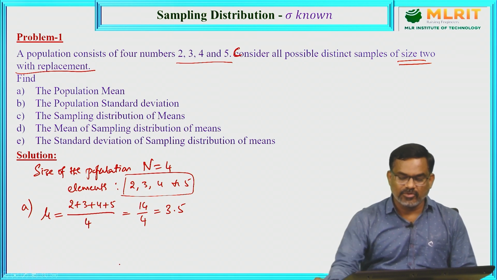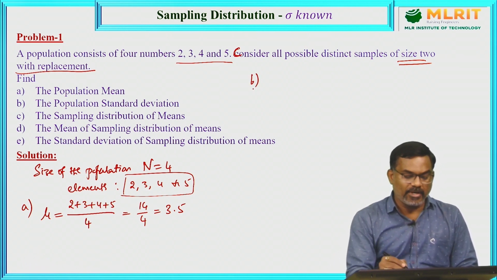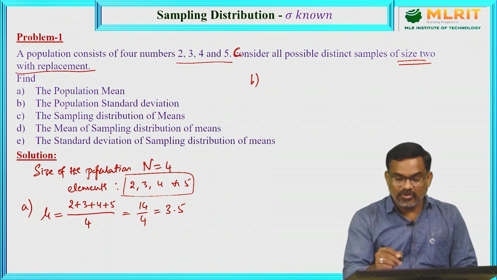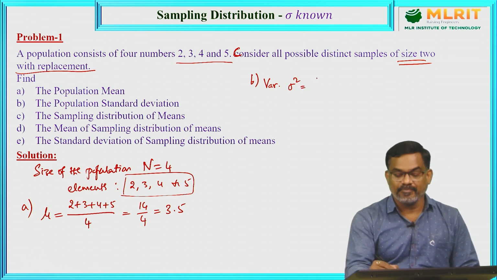Next, coming to the second bit, the population standard deviation. To find the population standard deviation, first we find the variance sigma square. What is the formula?